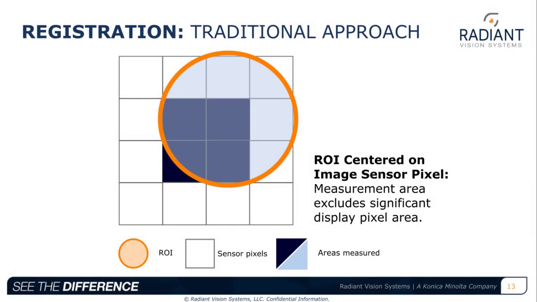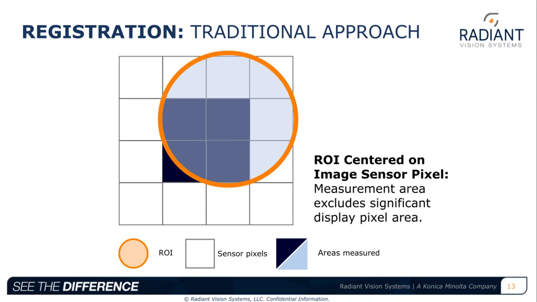The image shown here gives a more accurate example of the scenario we now face, measuring new high-resolution displays. Here we have about 2 by 2 sensor pixels covering a single display pixel. The question is, where do we put the ROI? The region of interest, or ROI, should be positioned in such a way to cover the entire display pixel and exclude all of the neighboring display pixels.